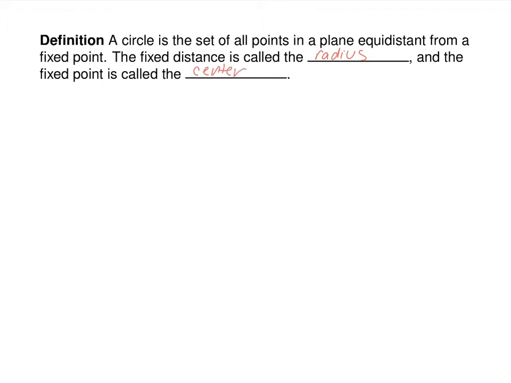In our previous one, the center was the origin. Does that make sense? Okay. So the center has special letters. The center is always denoted by h, k. And the radius, of course, that one makes more sense, is equal to r. Is that okay so far?